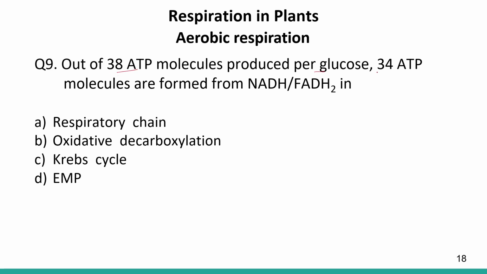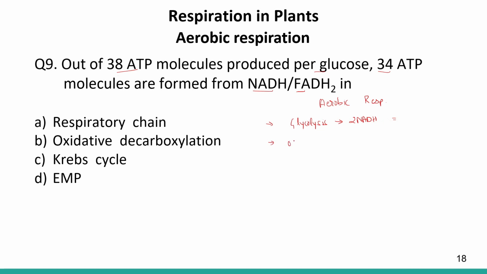Here they are talking about aerobic respiration. The first step is glycolysis, during which 2 NADH are produced. Here we'll be talking about NADH and FADH2 only. Along with that 2 ATP are also produced, but we won't consider that.